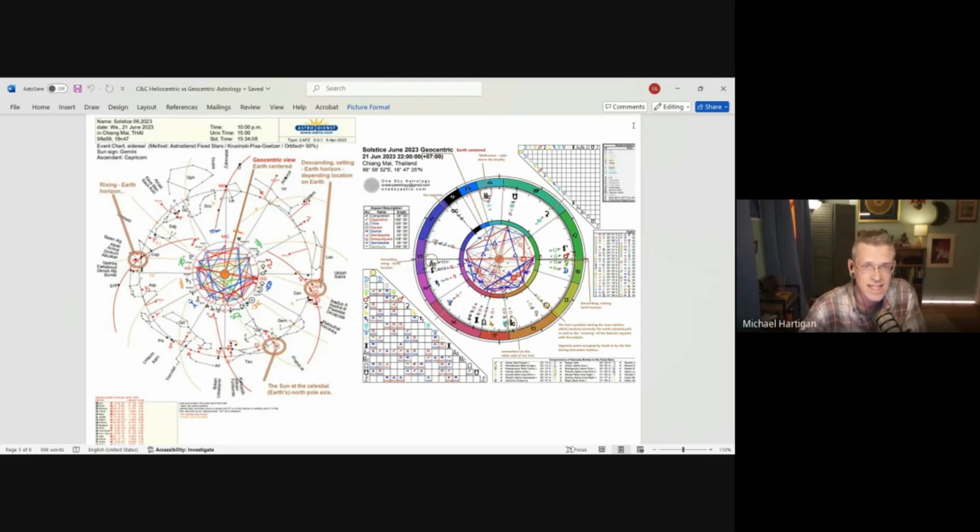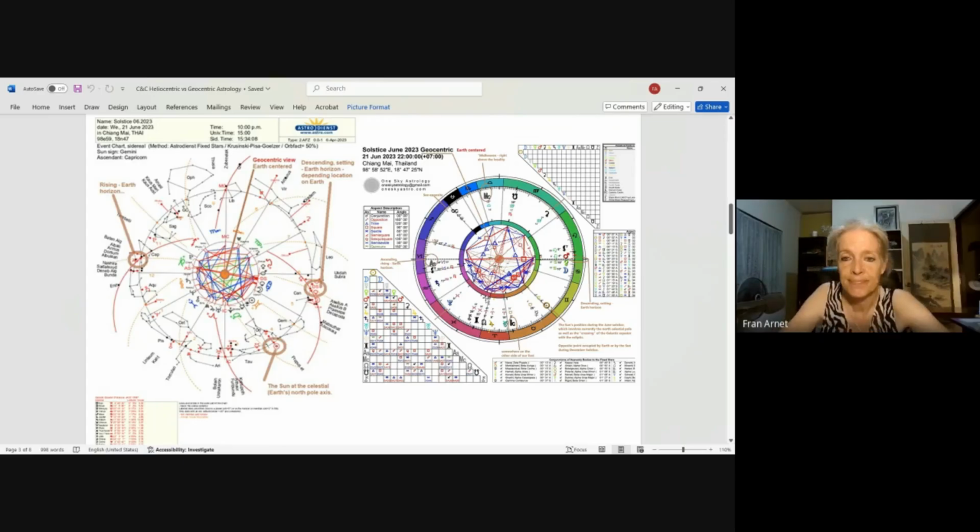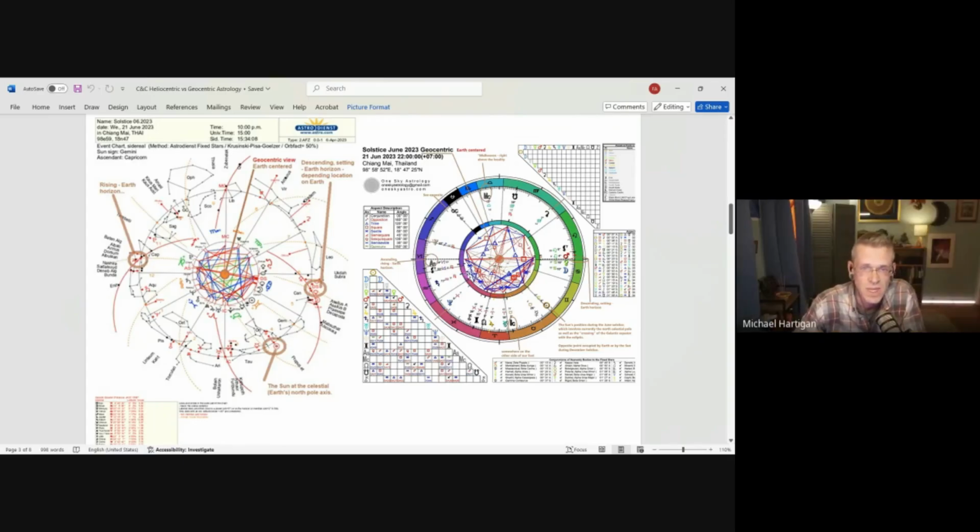I'll take the torch and explain this geocentric chart on the right that we're looking at. It differs from yours, Fran, in that I don't organize my houses, that's the inner rainbow wheel of the chart on the right, in any particular arrangement to the angles. That's different from most people.